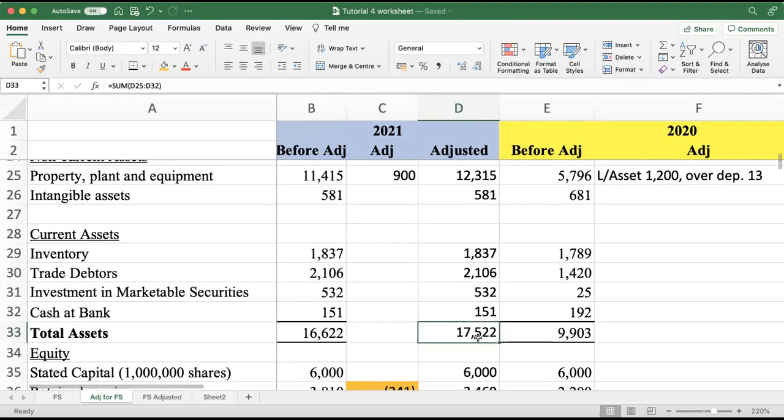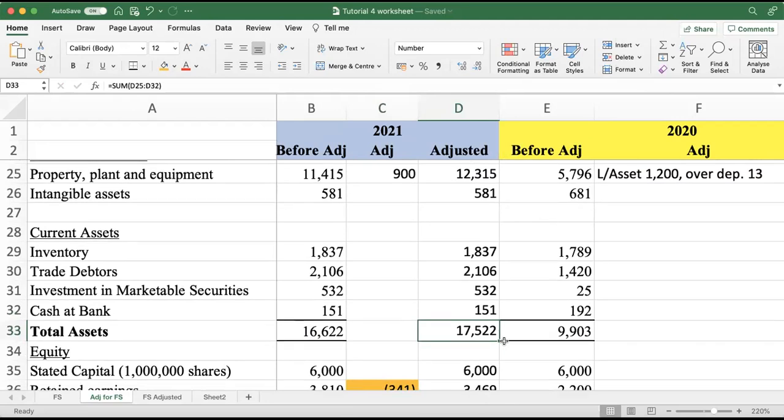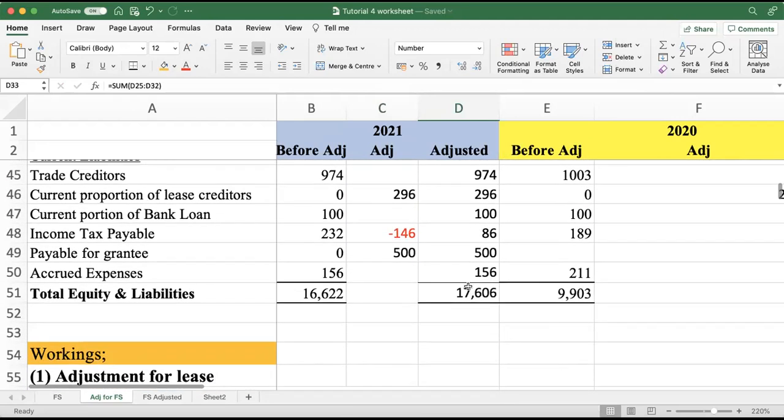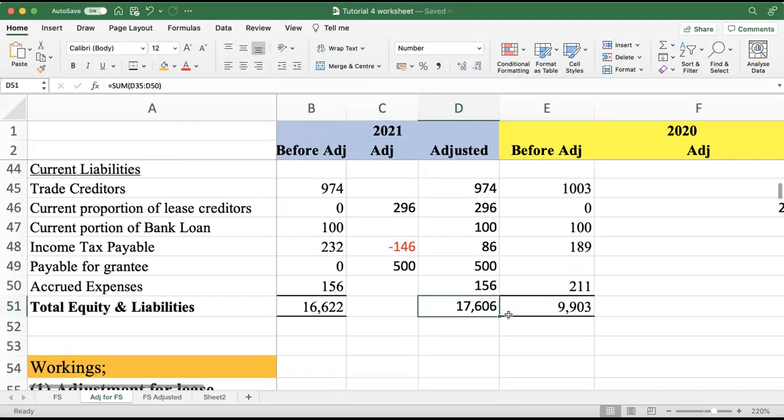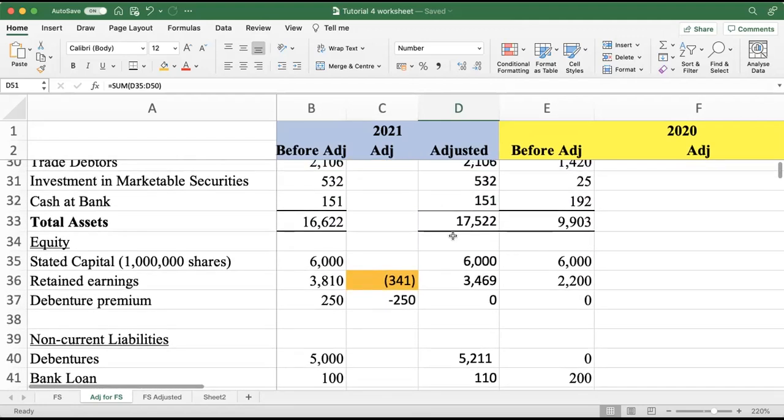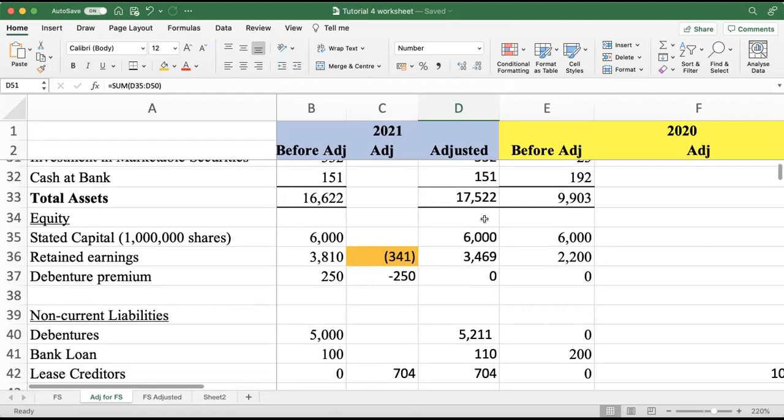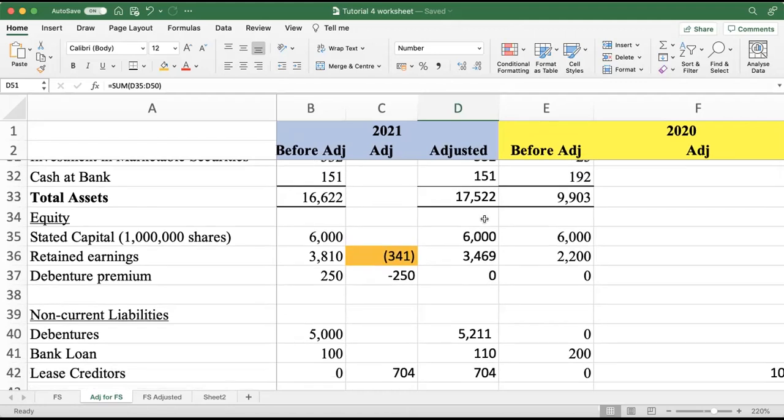Now total assets 17,522. Equity and liabilities 17,606. So these two are not necessarily equal because we have not passed any double entries. So we have done some adjustment to make the financial statement suitable for the analysis.